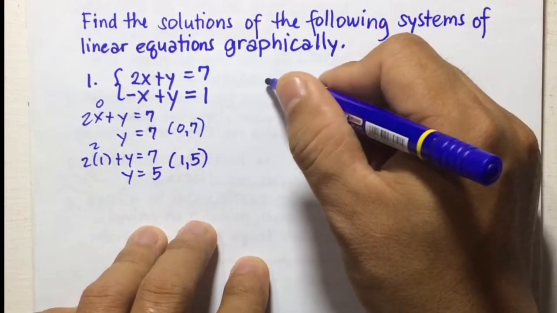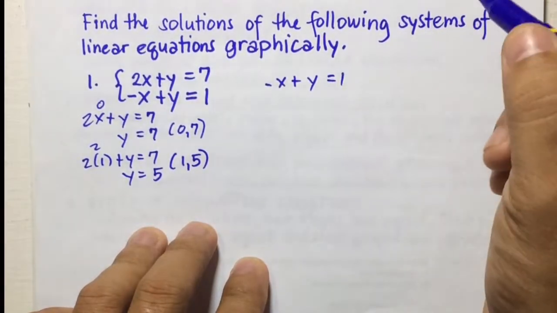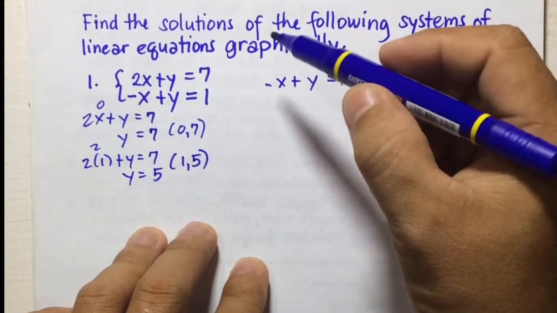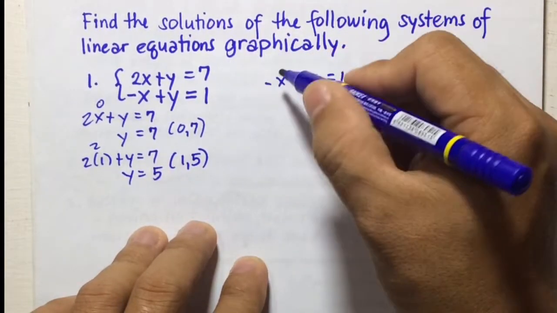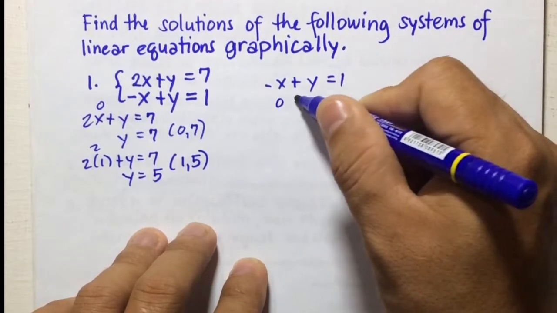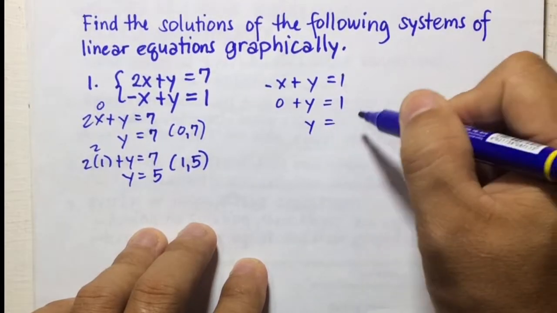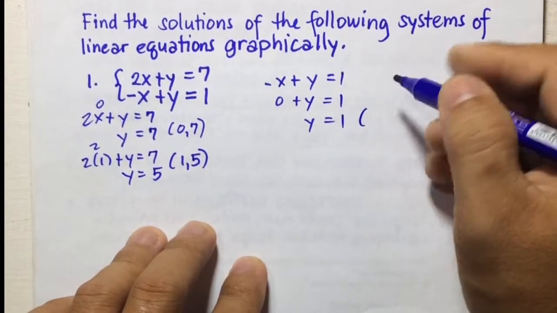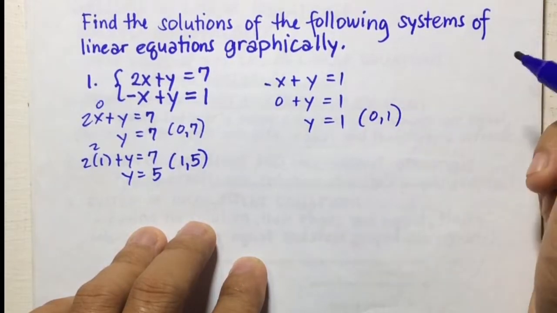For the second equation, negative x plus y equals 1, we can substitute values of the same variable, x. If we substitute x with 0, this becomes 0 plus y equals 1, so y will be equal to 1. The first point for the second equation is 0, 1.